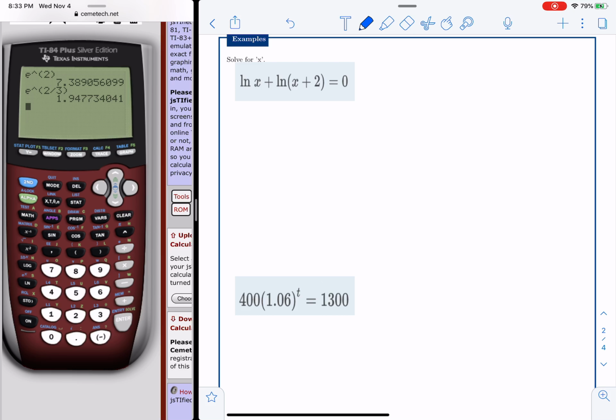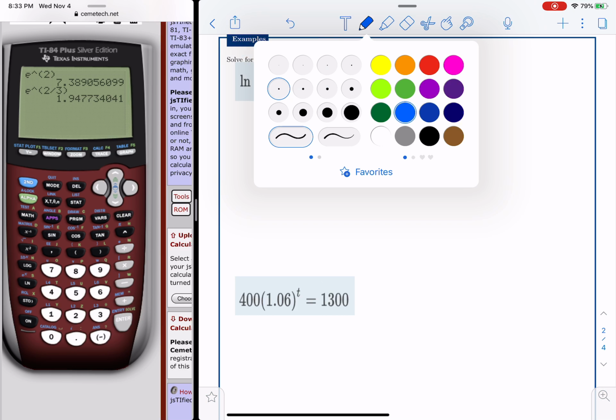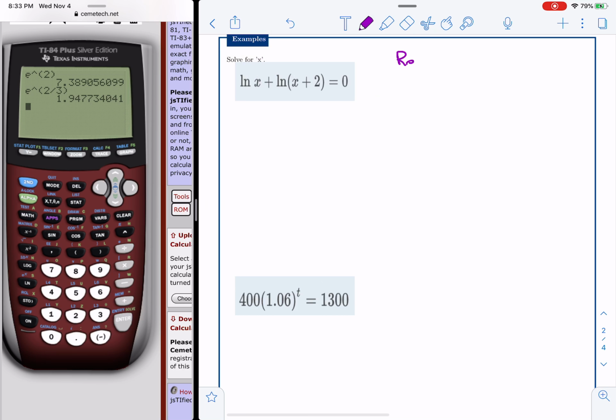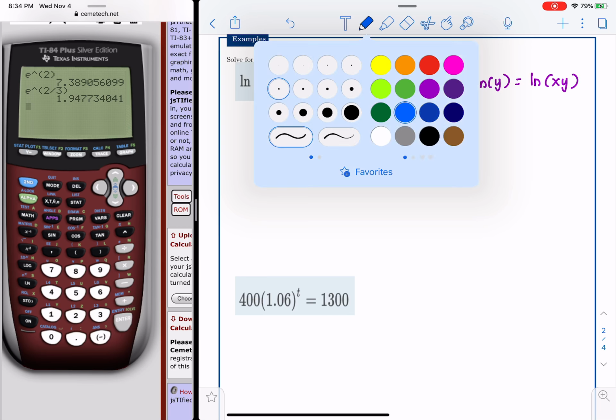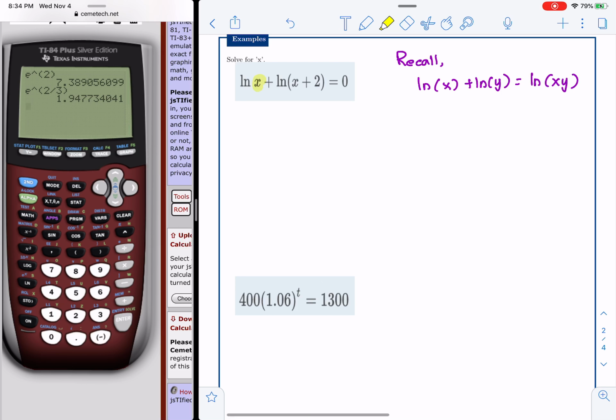So the first thing to do here is to recall the product rule for logarithms. ln of x plus ln of y is equal to ln of x times y. So here we have ln of x plus ln of x plus 2. So we have ln of x times x plus 2, and that would equal 0.